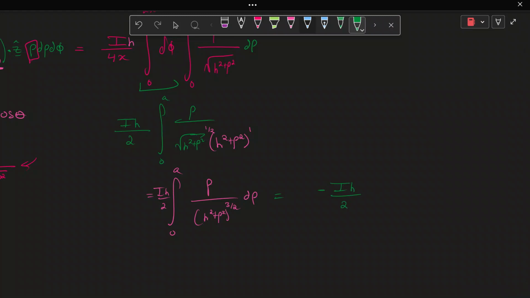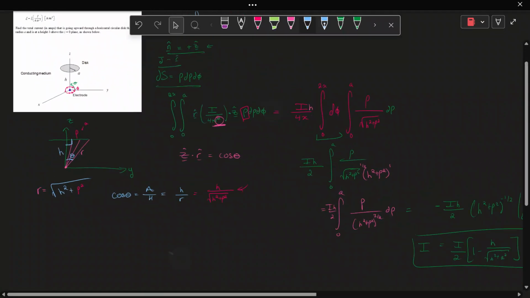You can put this in your calculator if you want: h squared plus rho squared to the power of negative 2, from 0 to a. And this is going to end up giving you eventually I over 2 times (1 minus h over the square root of h squared plus a squared), sorry. And don't forget your units. That's how you do this problem.